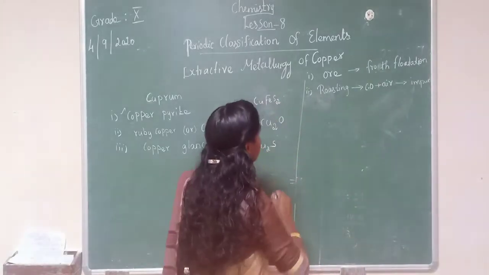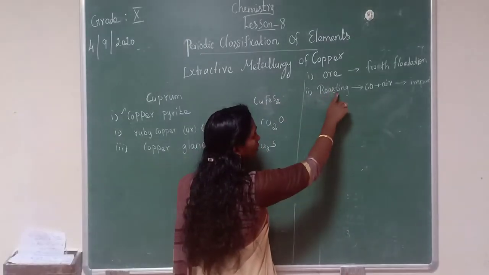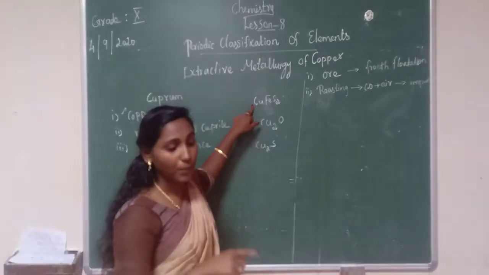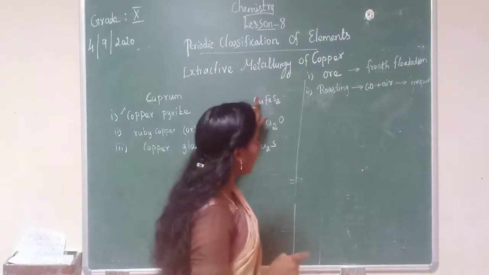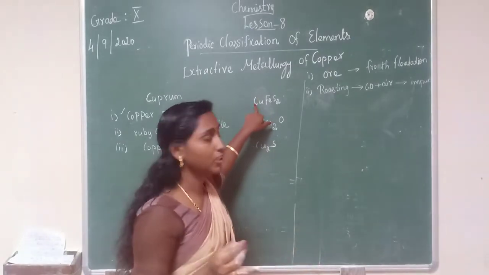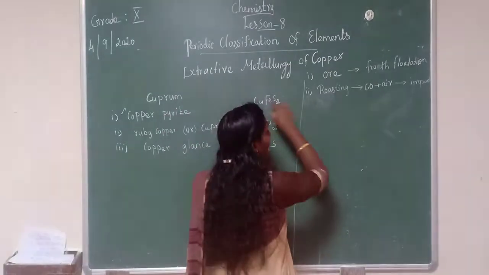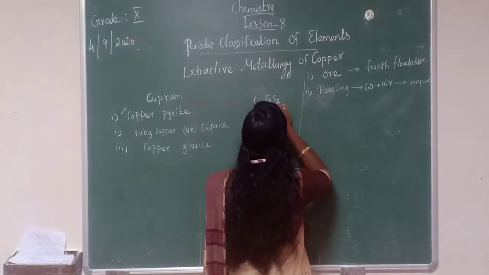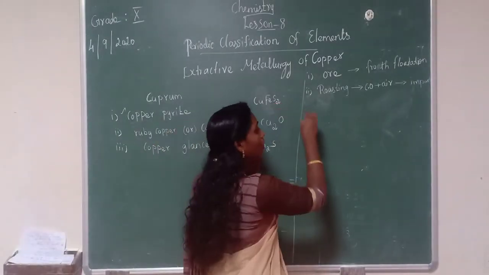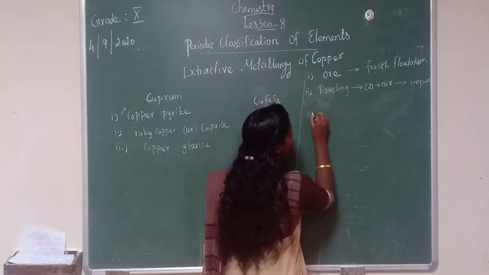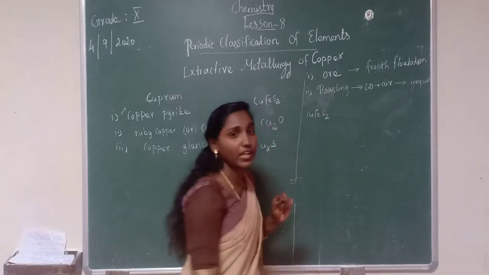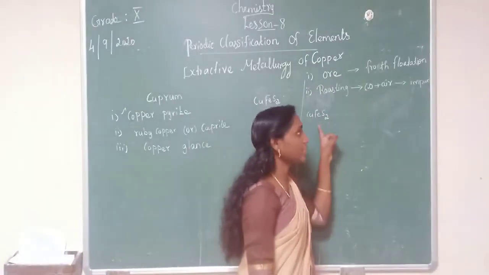Then next, the roasting process. For example, this copper pyrite is partly converted into sulfates of copper and sulfates of iron. So see the equation. What is the copper pyrite formula? CuFeS2. This is the concentrated ore.